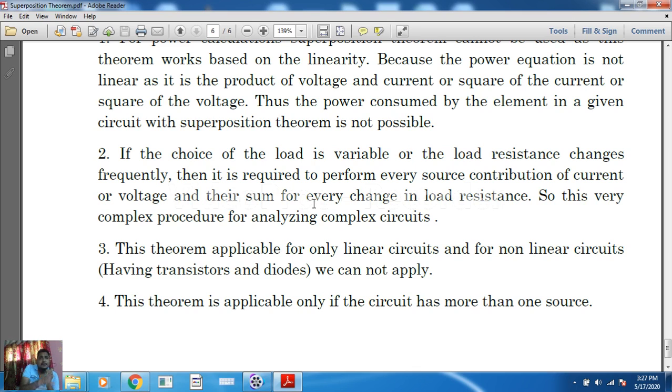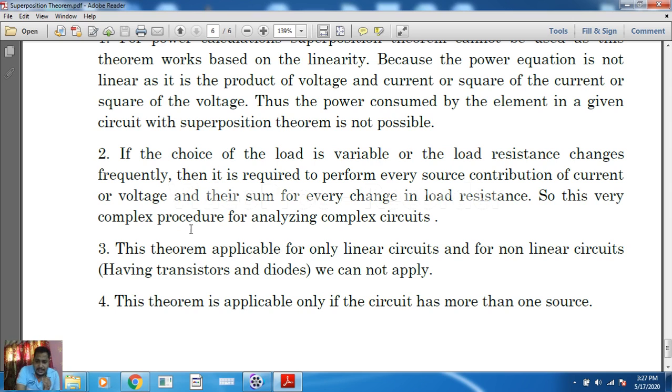When we are considering V1, its resistance is 30, and when we are considering V2, its resistance is changing, suppose to 33. If the resistance value is changing, we cannot find the accurate answer. The resistance must be fixed. So if frequently the resistance is changing, it is very hard and complex to apply the superposition theorem.